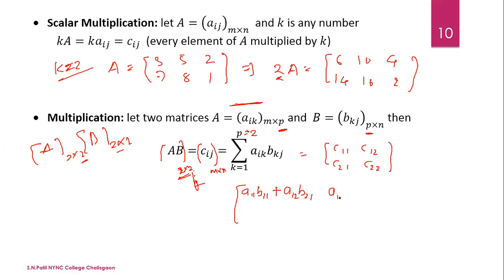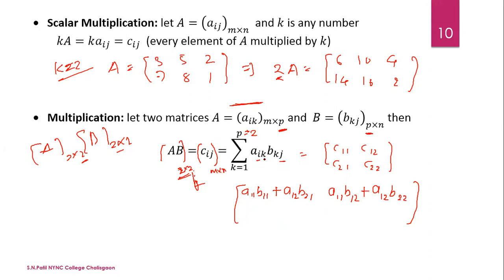That is A1 1 into B1 2 plus next iteration A1 2 into, K is 2 and J is 2, B2 2. Now next, the first position is here 2 and this last one is 1.